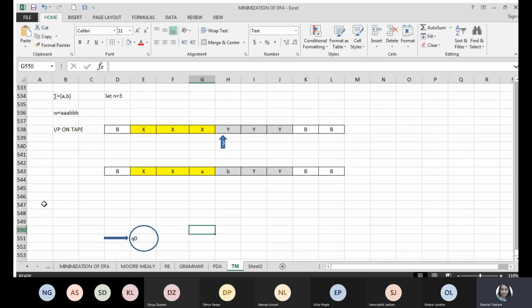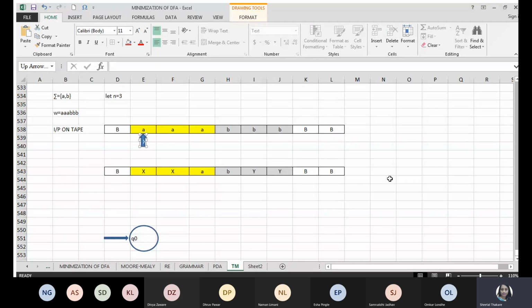As you start with Q0, what you did initially, यहाँ पे क्या है A, this was B. You know that this A is leftmost A, so you directly converted it to X. So what is the equivalent transition definition for this?